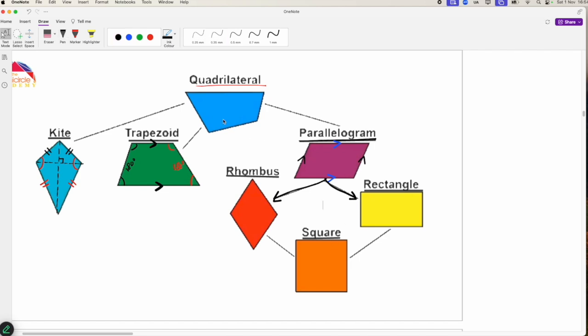In a rhombus, all of the sides are equal. You have this side parallel with this side, and then you have this side parallel with this side. So all of these little symbols here just hold so much information.